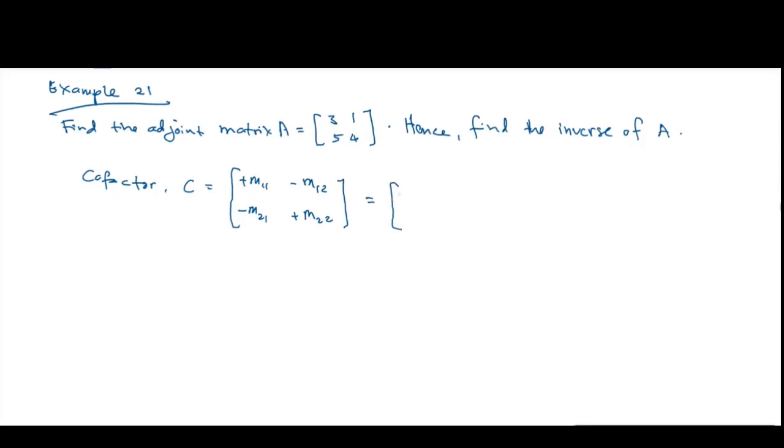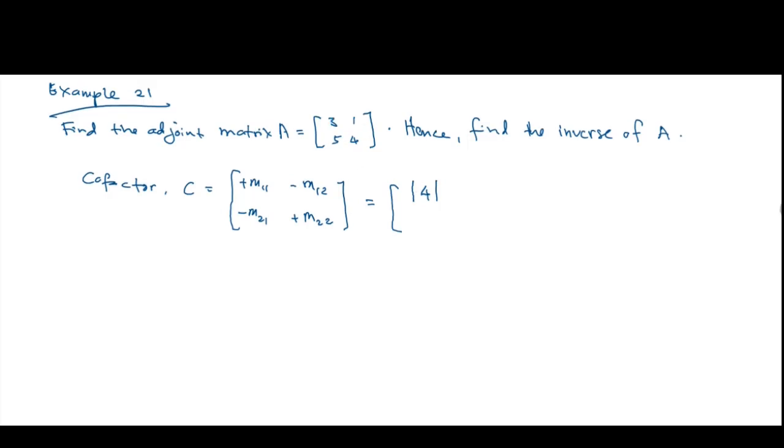The first is positive, the determinant when we delete the first row and first column, so we are left with 4. The second cofactor is negative multiplied by the minor. We delete the first row and second column, so here it is 5.